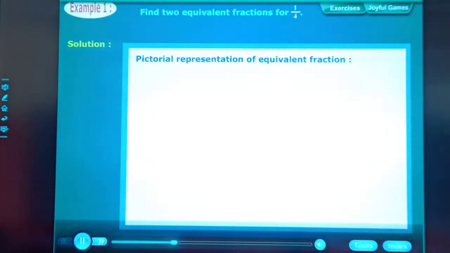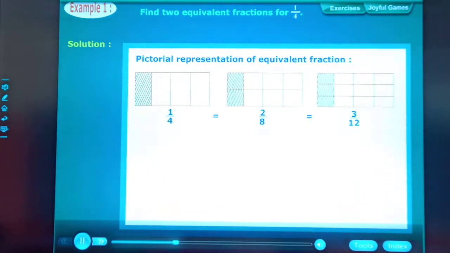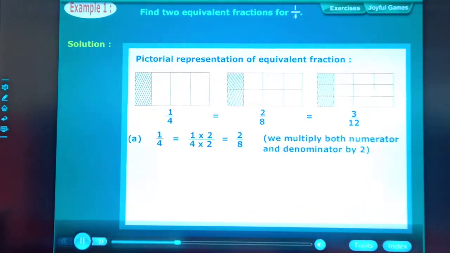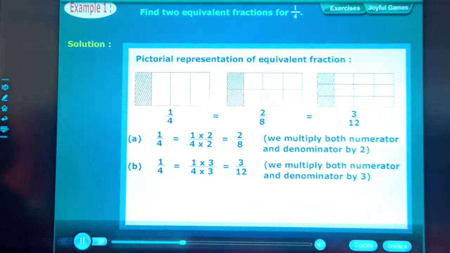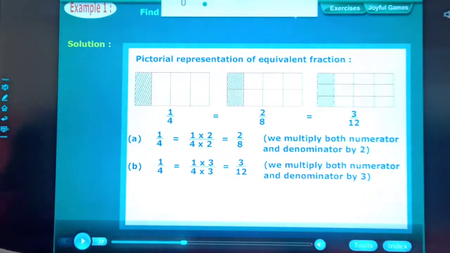Pictorial representation of equivalent fractions. 1 upon 4 equals 2 upon 8, which equals 3 upon 12. 1 upon 4 is equal to 1 into 2 upon 4 into 2, which is equal to 2 upon 8. We multiply the numerator and denominator by 2. 1 upon 4 is equal to 1 into 3 upon 4 into 3.